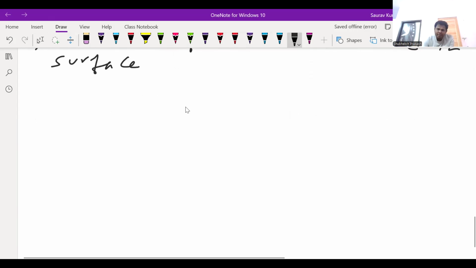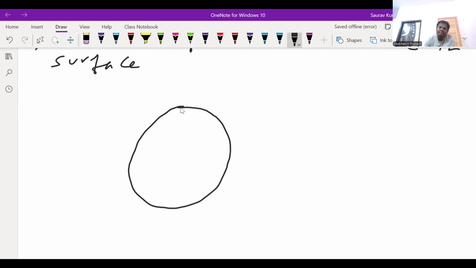Let us consider the Earth having a mass capital M, and this is O. From here to here the distance is R. As we reach this point, from here to here the distance will be d. Now we are going to discuss what will be the variation of g here.